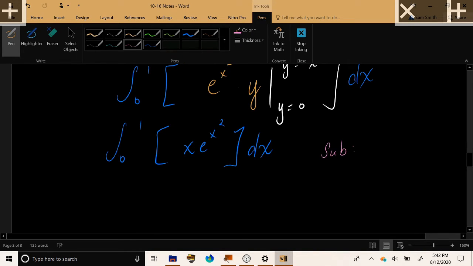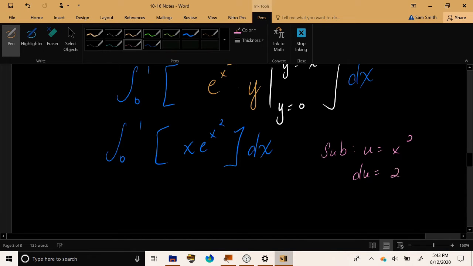We can sub in u equals x squared, so that du is equal to 2x dx.